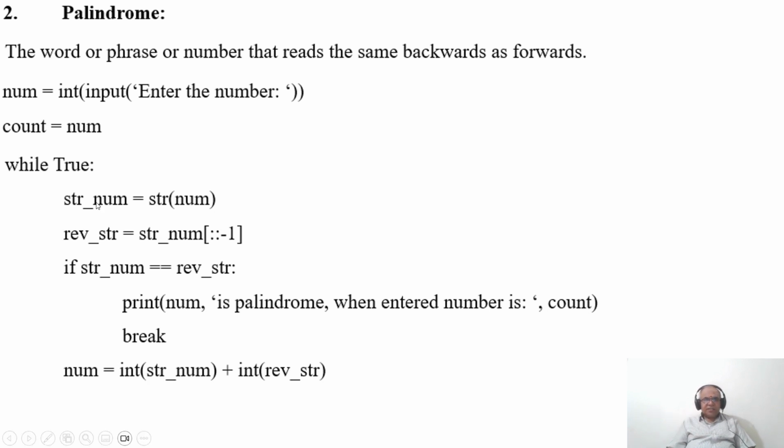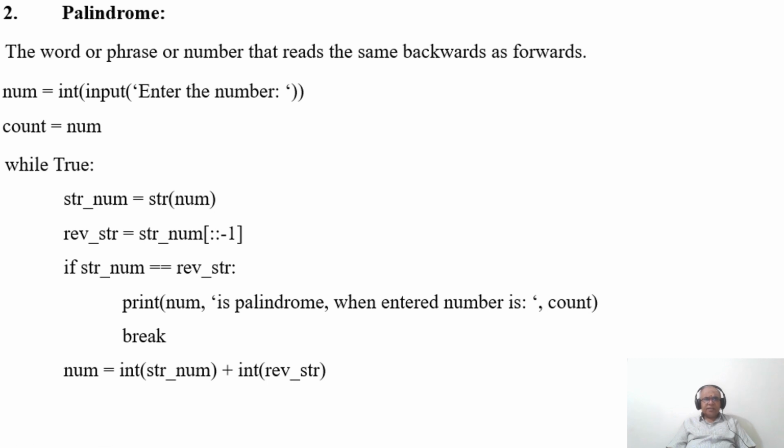So str_num, which was a string, is converted into an integer, and the reverse string, 52, is also converted into an integer. 25 plus 52, how much? It becomes 77. So now the num value is 77.